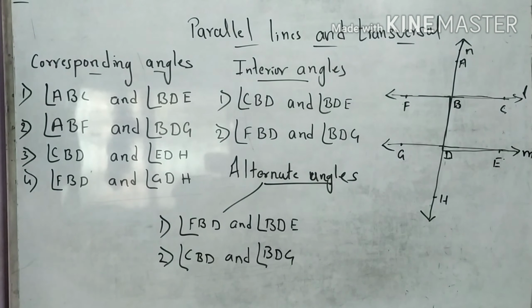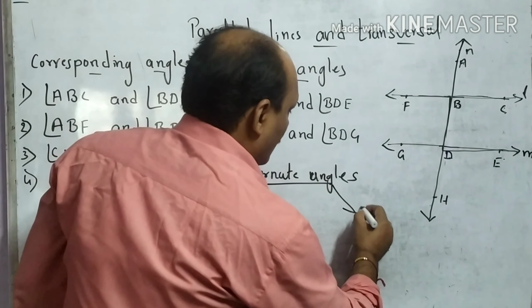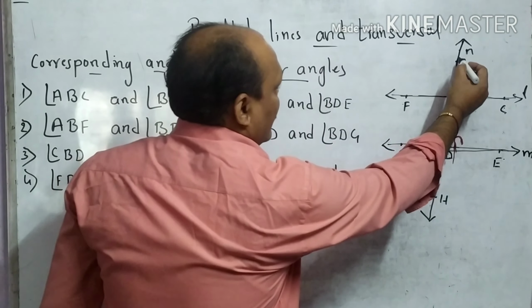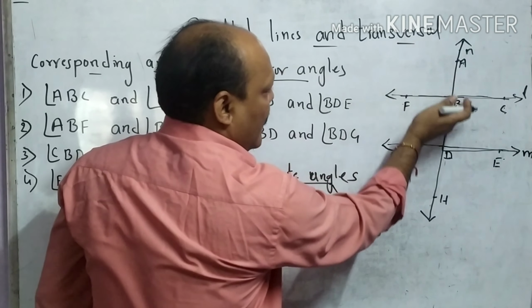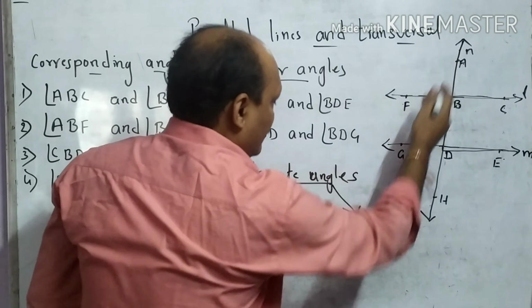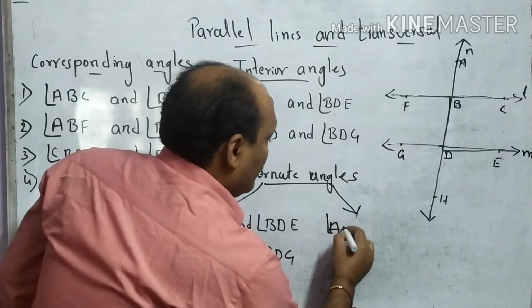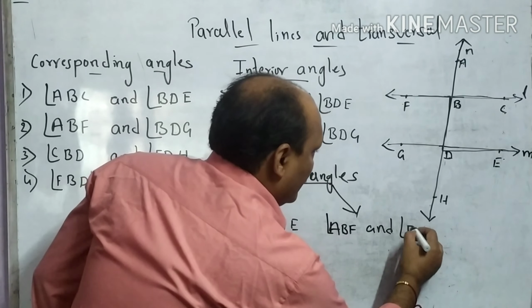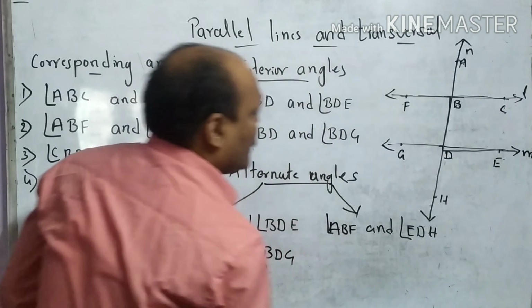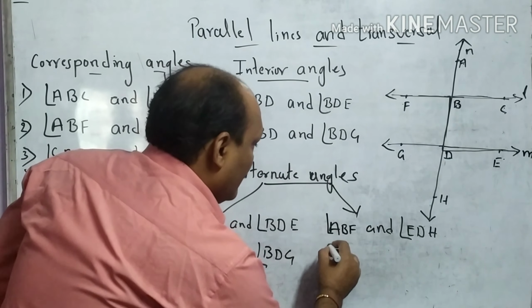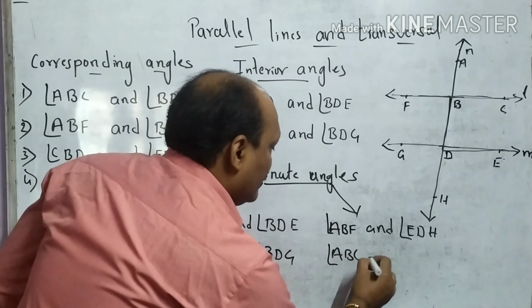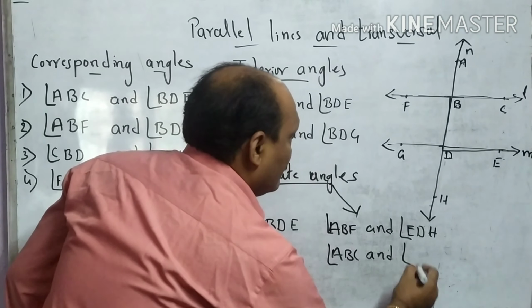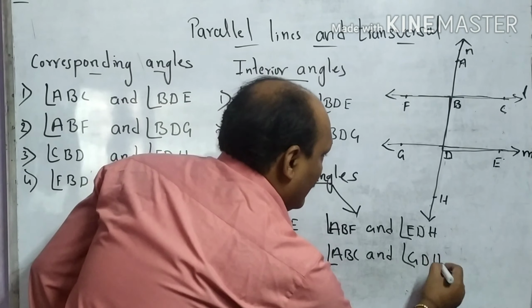Now come to the exterior alternate angle. The exterior alternate angle means your angle will be above the parallel line, not between the parallel lines. That is angle ABF and angle EDH. And the second one, on that side, angle ABC and angle GDH.